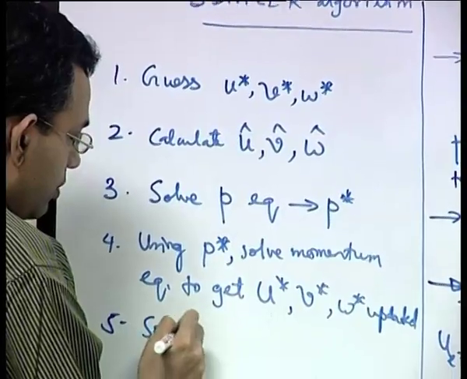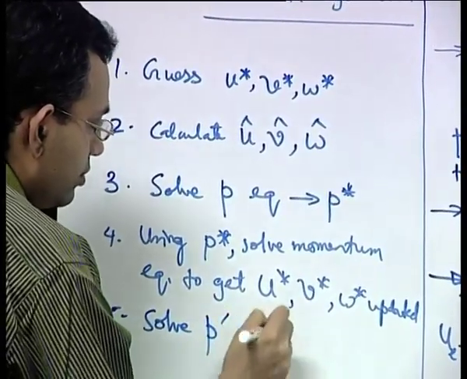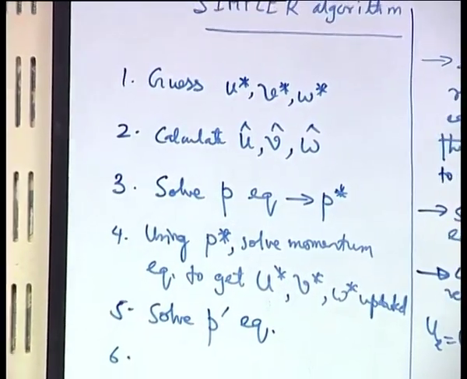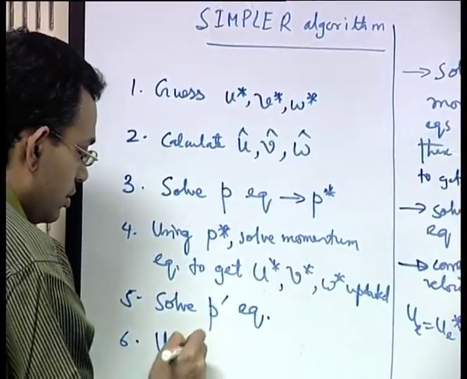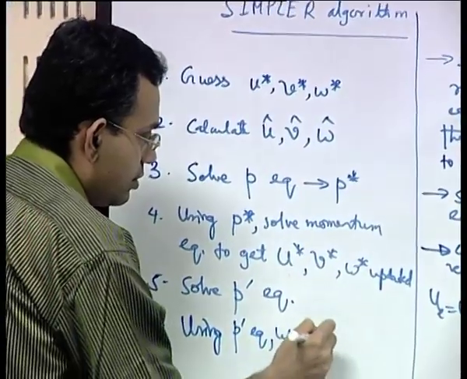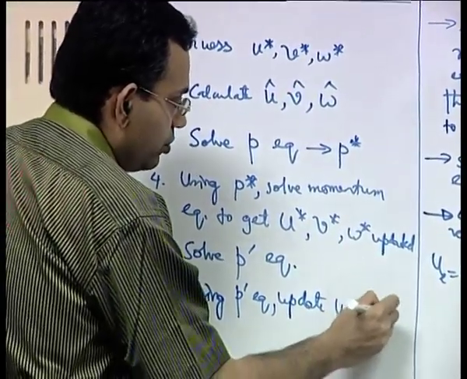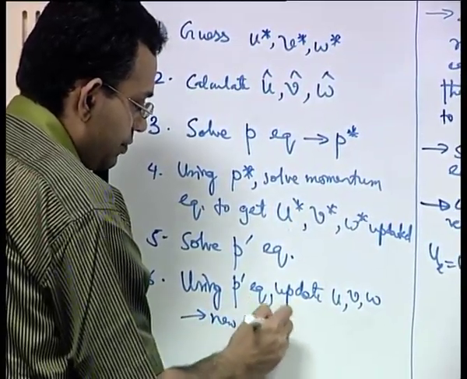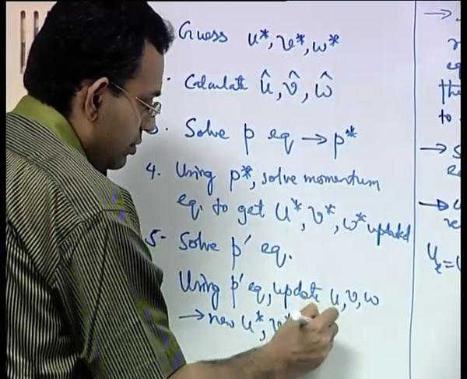Then solve pressure correction equation. Next, using pressure correction equation update u, v, w, these will be new u star, v star, w star.